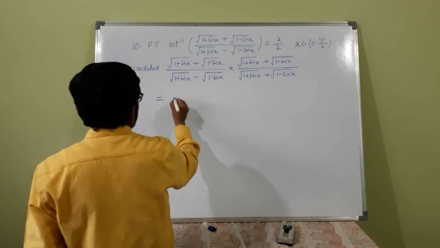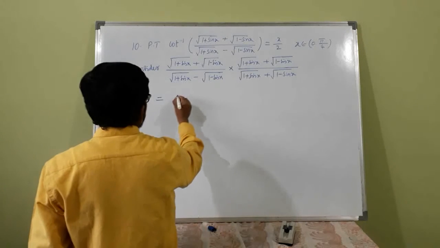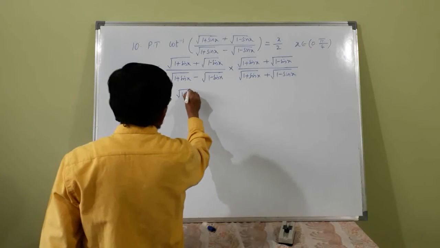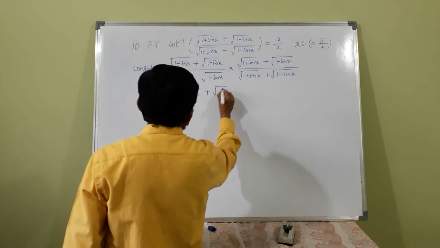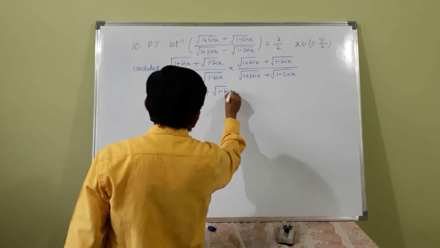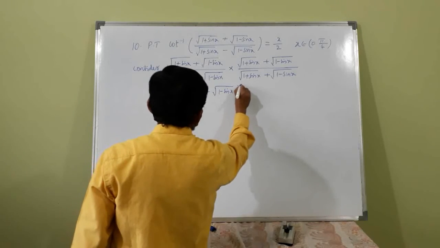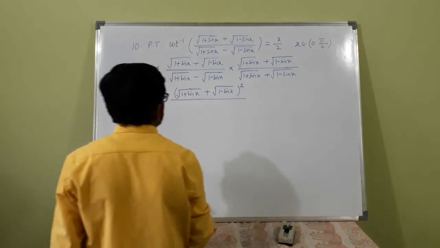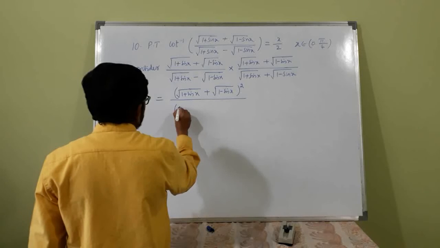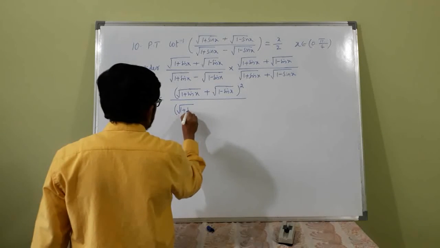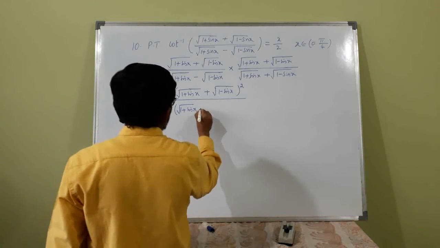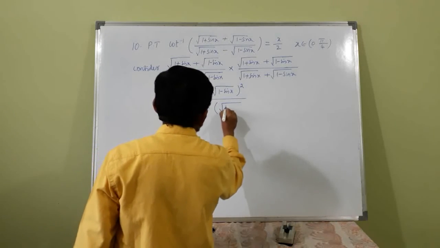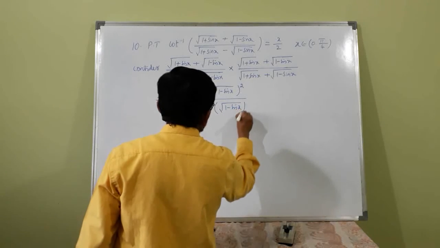That is equal to, see here, root of 1 plus sin x plus root of 1 minus sin x whole square, divided by root of 1 plus sin x squared minus root of 1 minus sin x squared.